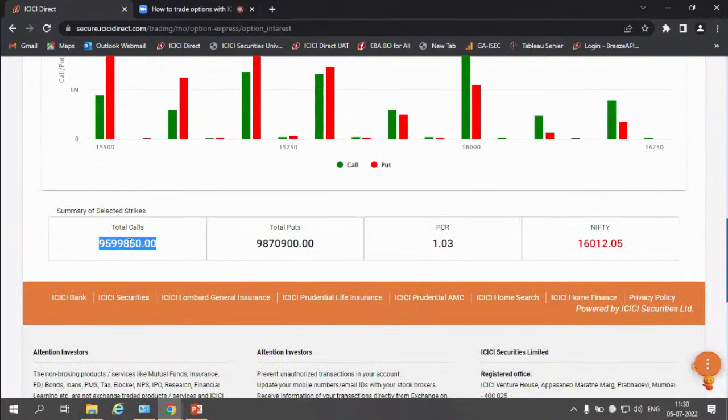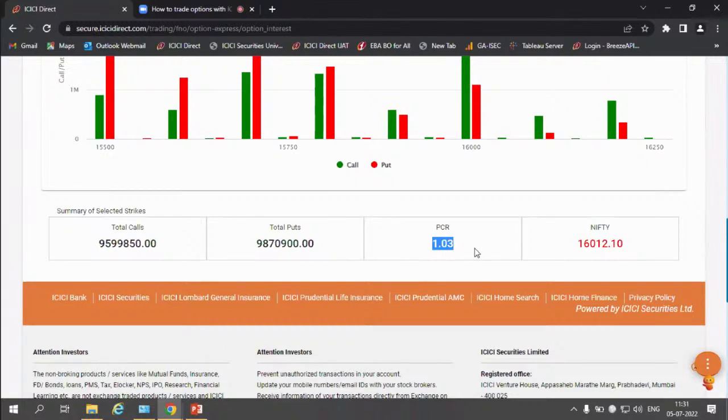And as I gave you the example, you have to take the total of the open interest on the call side and the total of the open interest on the put side, and divide to get the put to call ratio, and you will get this particular number, which is fairly 1.03.